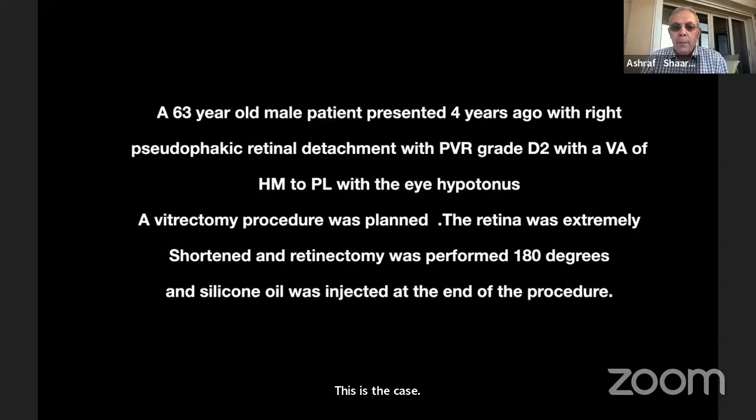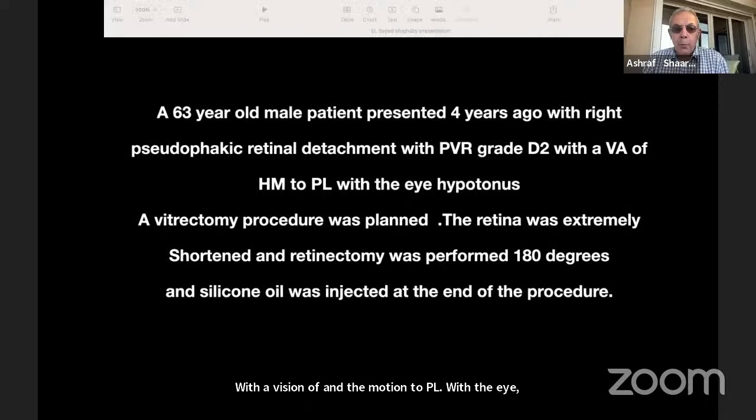of a 63-year-old male patient who presented 4 years ago with right pseudophakic retinal detachment with PVR grade D2, with a vision of hand motion to PL and the eye very hypotonous. A vitrectomy procedure was planned.